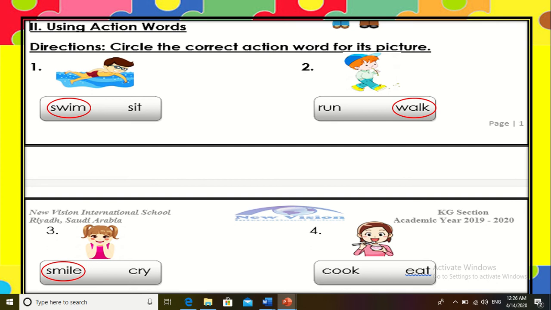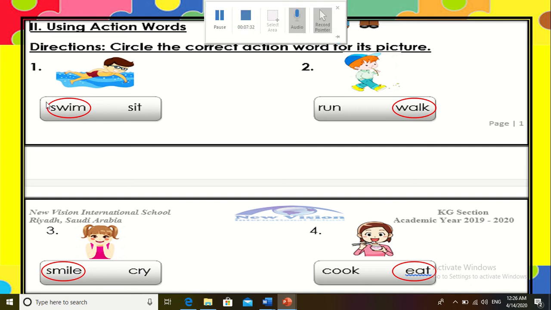She is smiling. And number 4, eat. The girl is eating. So, what do you call the words swim, walk, smile, eat? Very good. Action words or verbs.